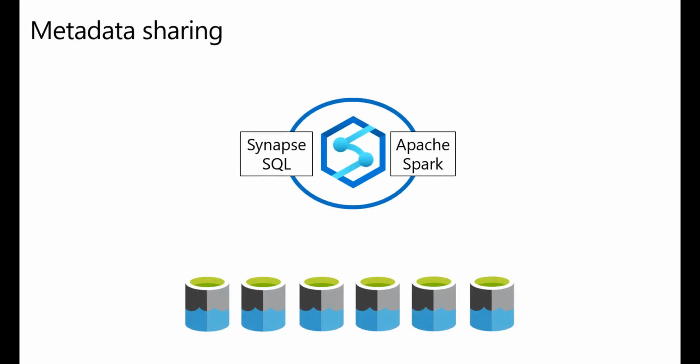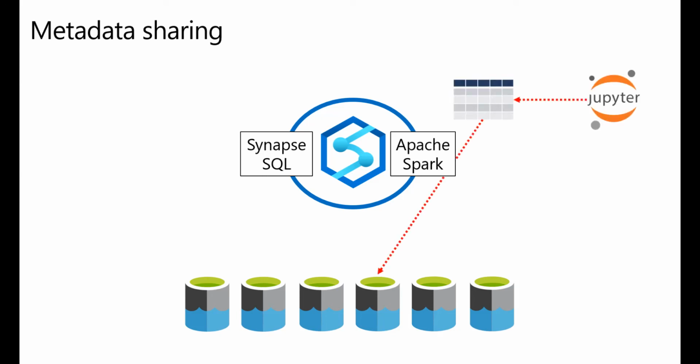Another important feature of Synapse Analytics is metadata sharing. Parts of Synapse Analytics are Apache Spark and Synapse SQL. So these are two runtime compute engines that you can use to analyze your data in Azure Data Lake storage. Apache Spark enables you to use Spark Python and Spark SQL to create some external tables, perform some machine learning, and enrich data.